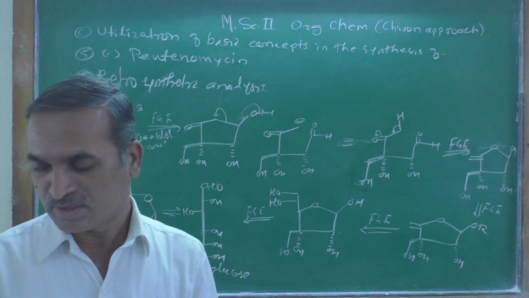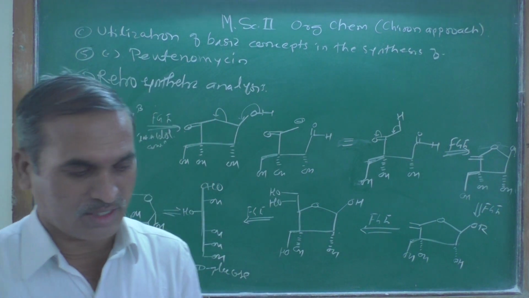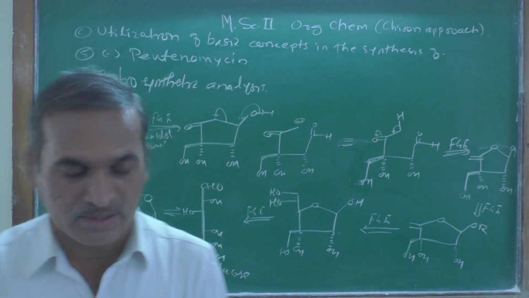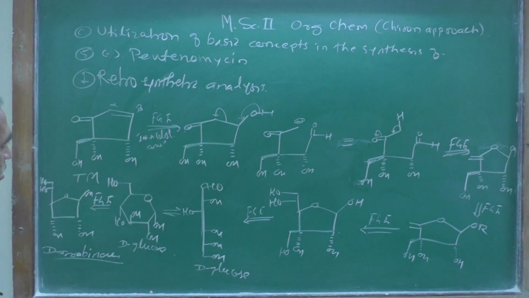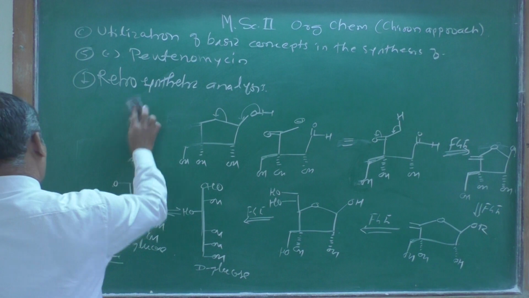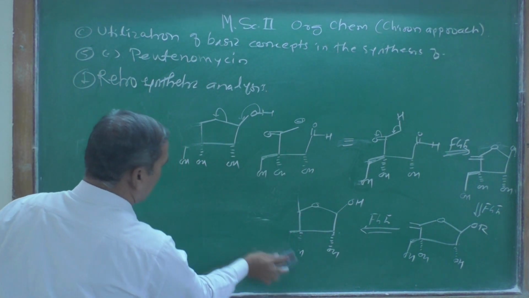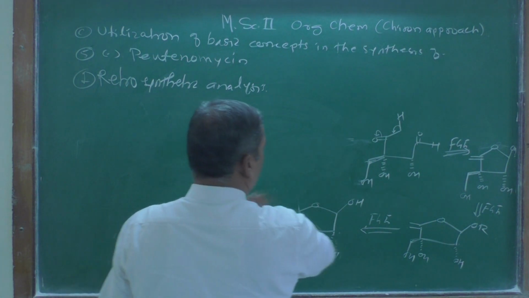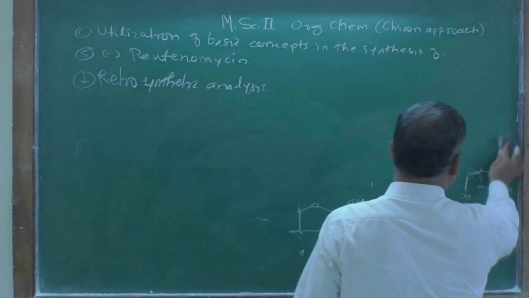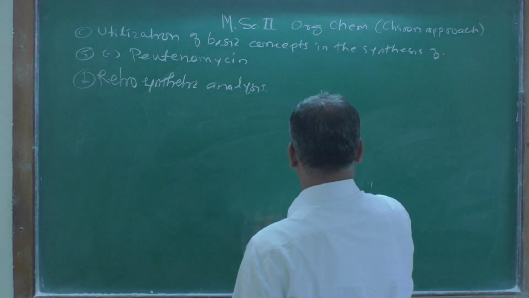Now let us start how we can synthesize this in the laboratory. Half of the part is completed over here. Now we are going to learn the synthesis. We have to go in reverse and arrive at the target molecule, the desired product.